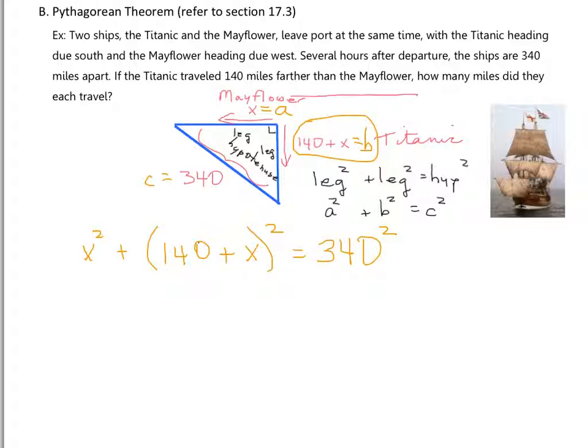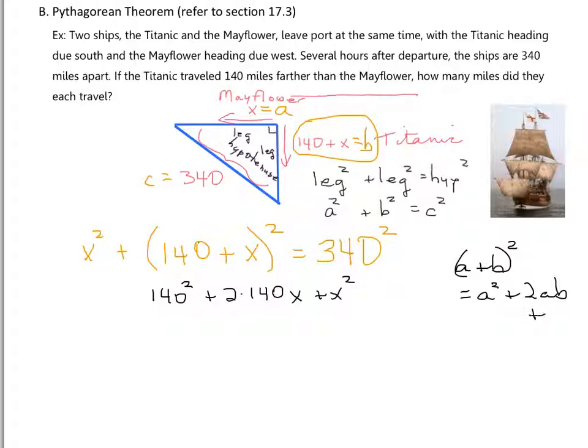Using FOIL on the middle term, we get 140 squared plus 2 times 140 times x plus x squared. Now I use the actual formula that says a plus b squared equals a squared plus 2ab plus b squared, and you should have this formula memorized by now.